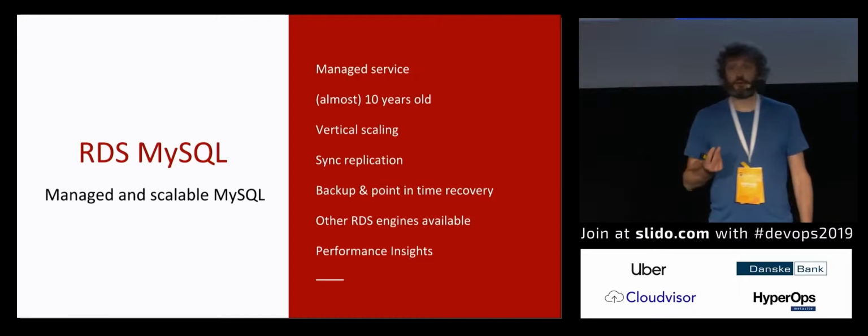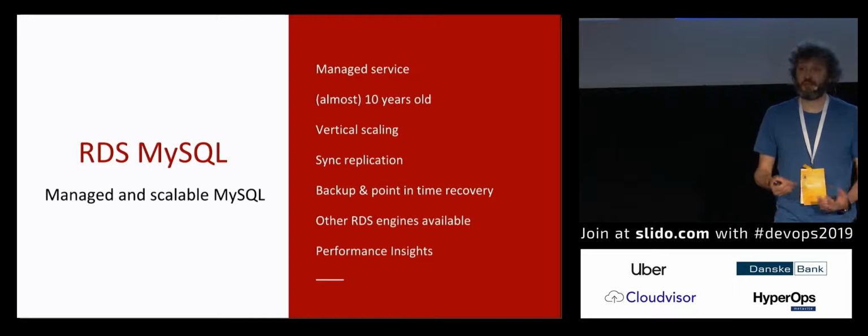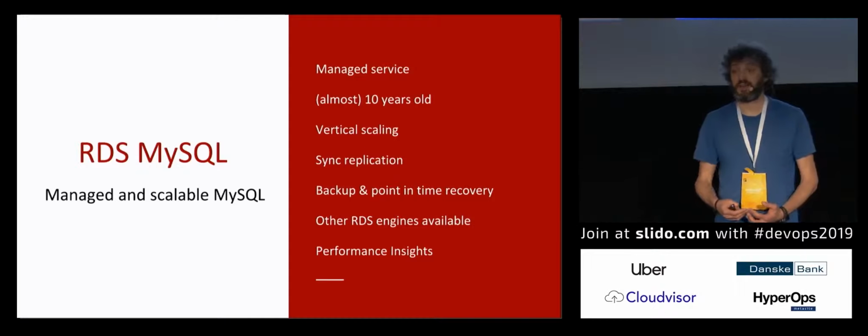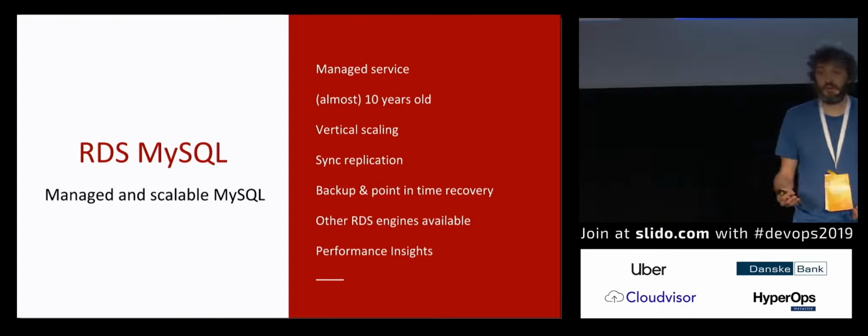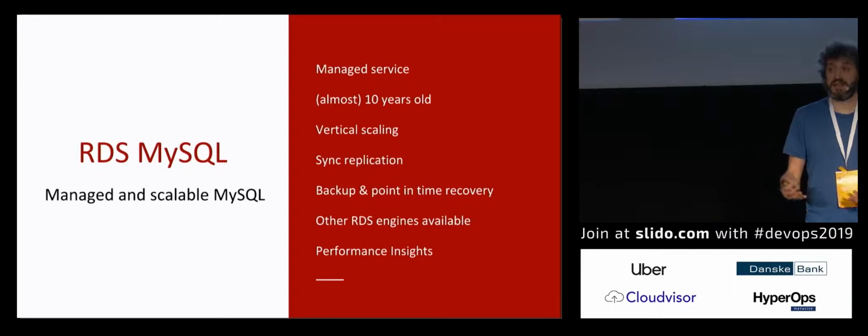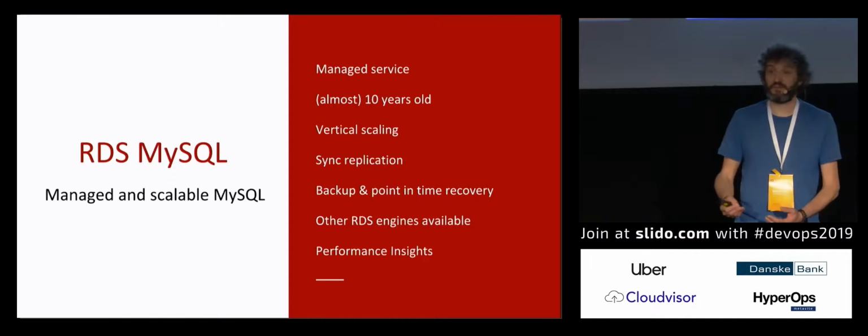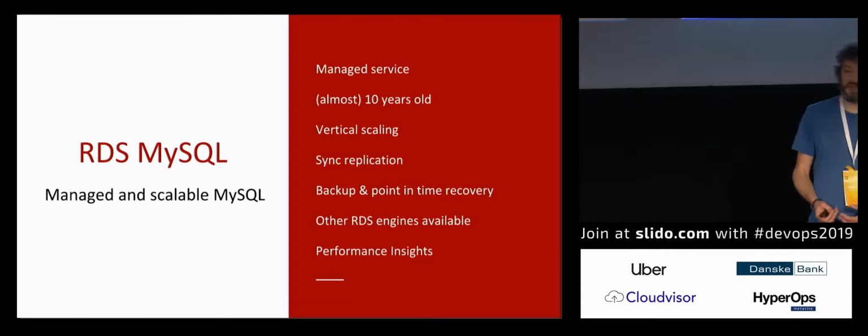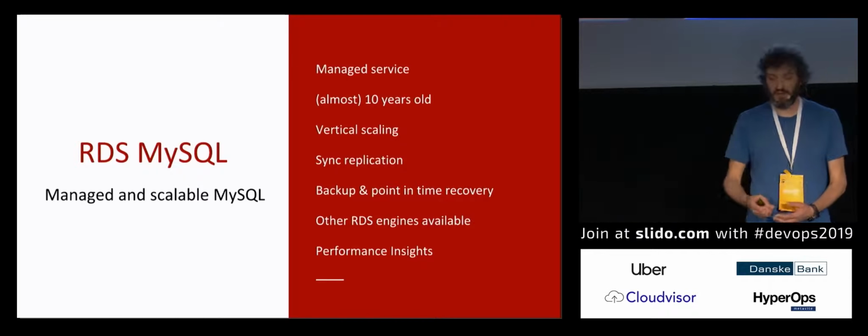And of course, for each one of them, there's a limitation on which versions are supported. If a new generally available version is out, most likely it takes a few months before it's available as an RDS service. But usually that's what you have.